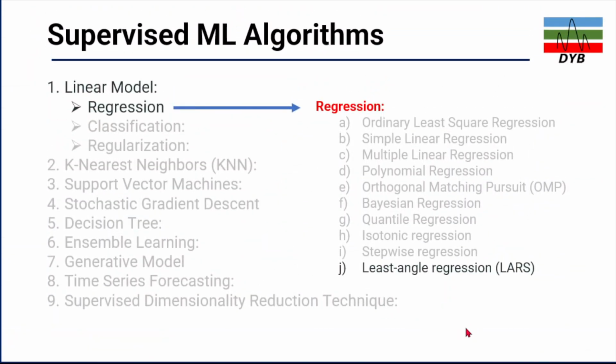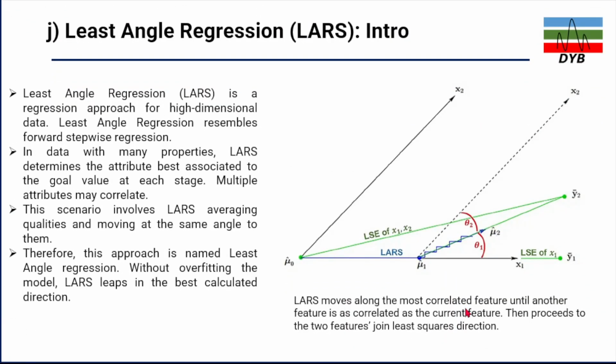The last but not least is the least angle regression, also known as LARS. It is actually an approach for high dimensional data. The least angle regression resembles forward stepwise regression. In the data, many properties determine the attribute best associated with the goal values at each stage. The multiple attributes may correlate.